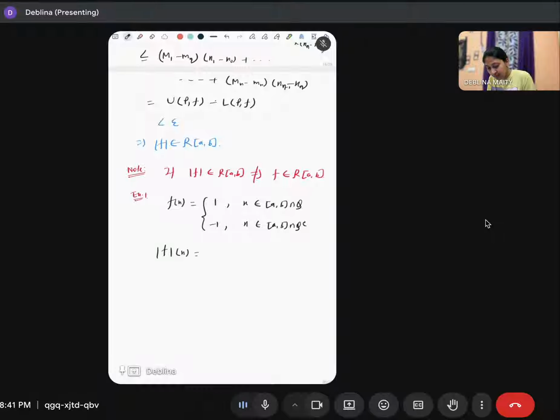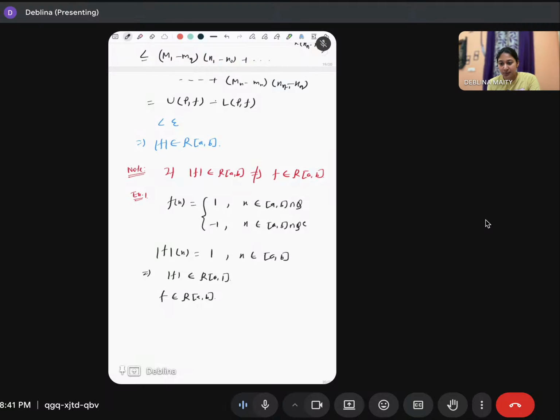Mod f of x is 1 for all x belonging to [a, b]. So it is a constant function, so it is Riemann integrable. So mod f is Riemann integrable. But this function f is not Riemann integrable. If we take the upper sum and lower sum, they will be different. So this condition is sufficient but not necessary.